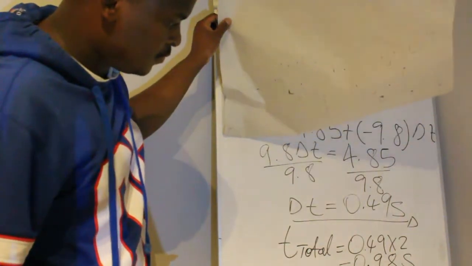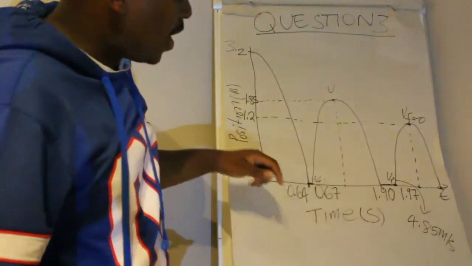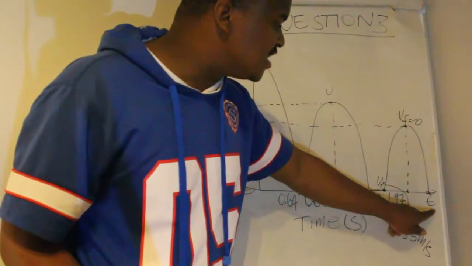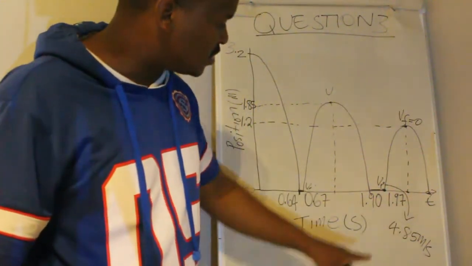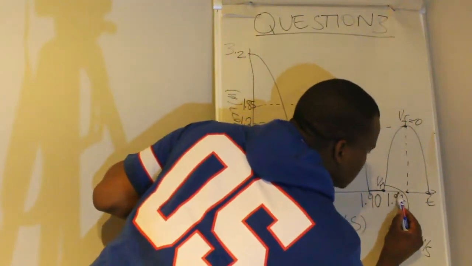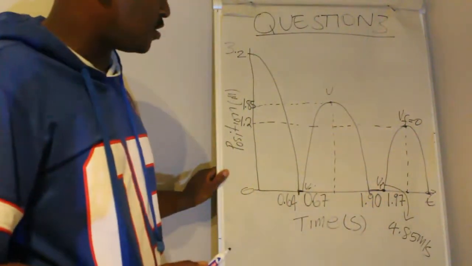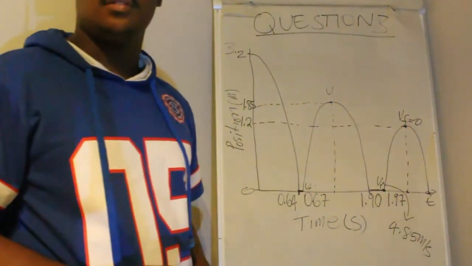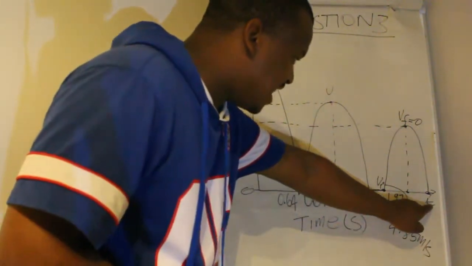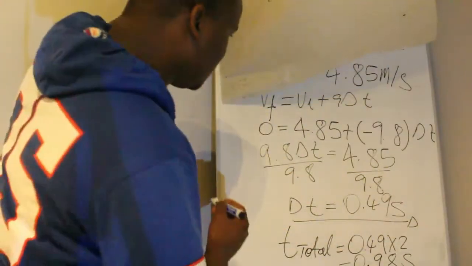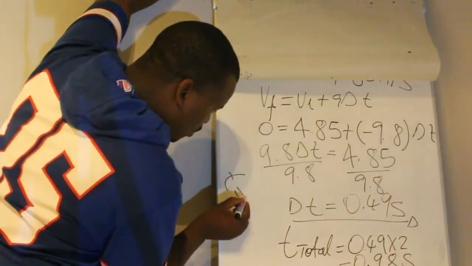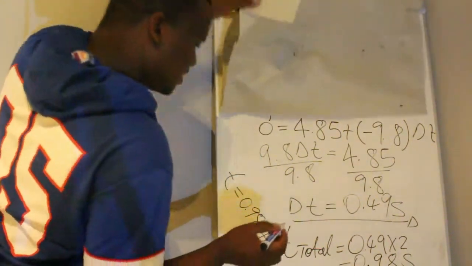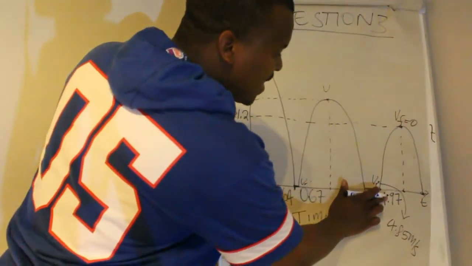So now 0.98. But what they want there is that time T. What is the value of T? So the value of T is going to be, because you know that from here to this point you take 0.98 seconds, so you must add 0.98 seconds here, then you will get the value of T. So T is equal to 0.98 seconds, which is that of the motion, plus this 1.97 here.